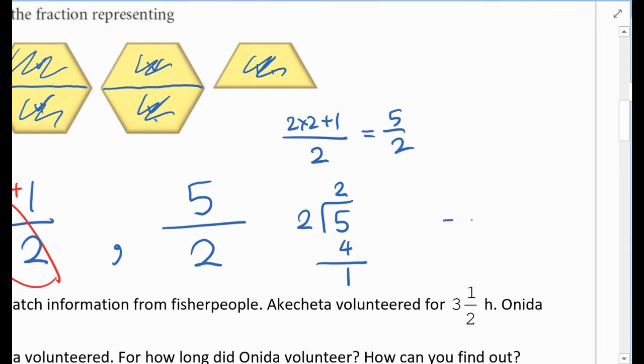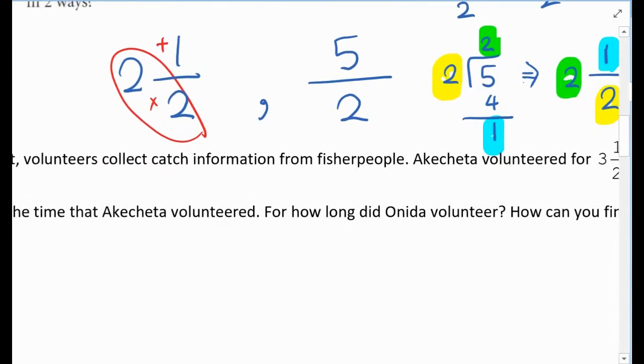So the remainder always goes to the top, the quotient becomes the whole number here, and the divisor goes to the bottom. So remember, the divisor goes to the bottom, the remainder goes to the top, and this is the whole number. So you should be able to convert from mixed numbers to improper fractions and improper fractions to mixed numbers. Alright.